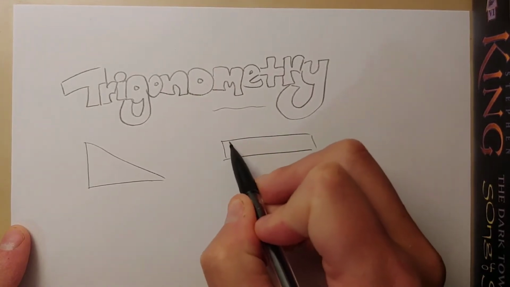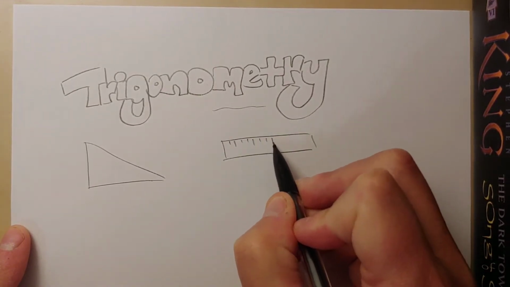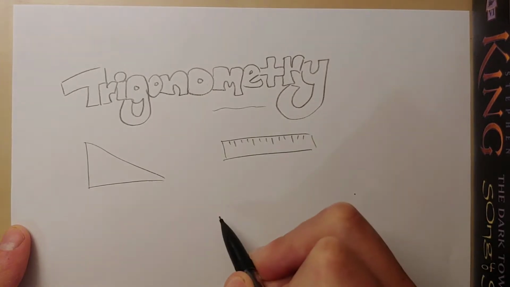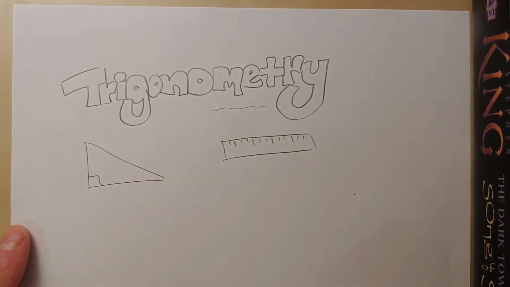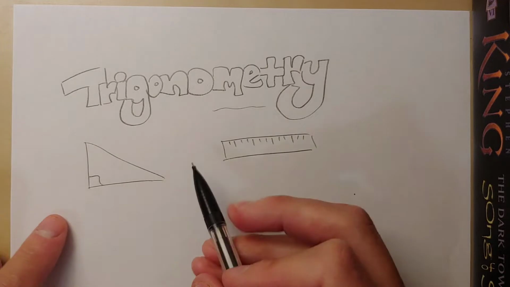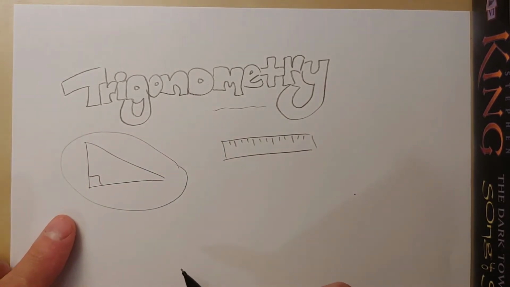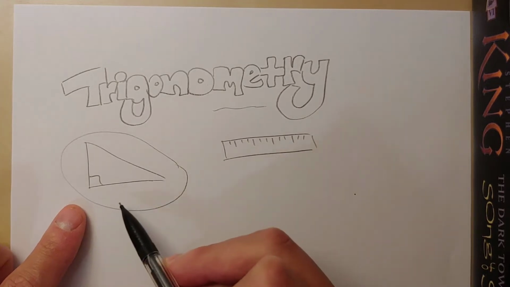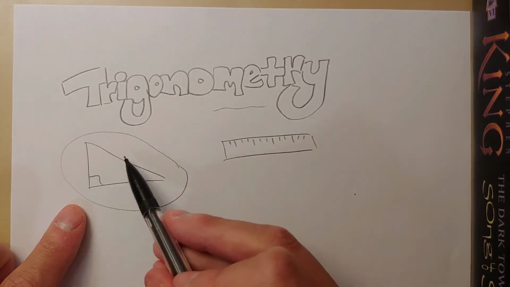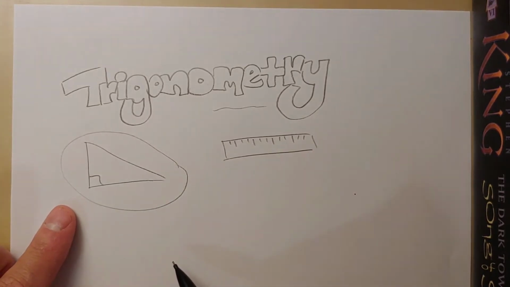I'll draw a little ruler here. You like that? Okay, triangle, measure. And what we're going to focus on with trigonometry are measurements that we find in right triangles. And specifically, we're going to start to look at the measures of the sides of right triangles, and we'll learn that they become somewhat predictable.